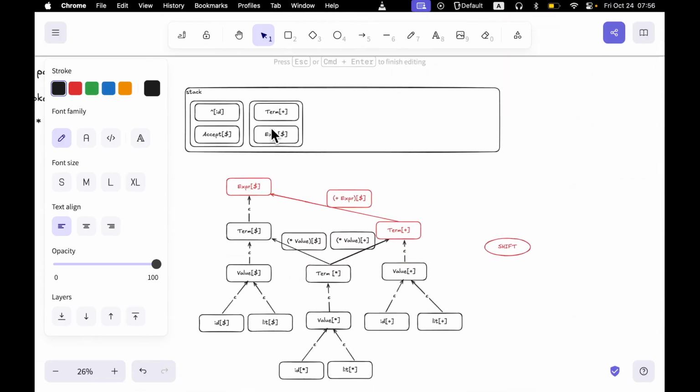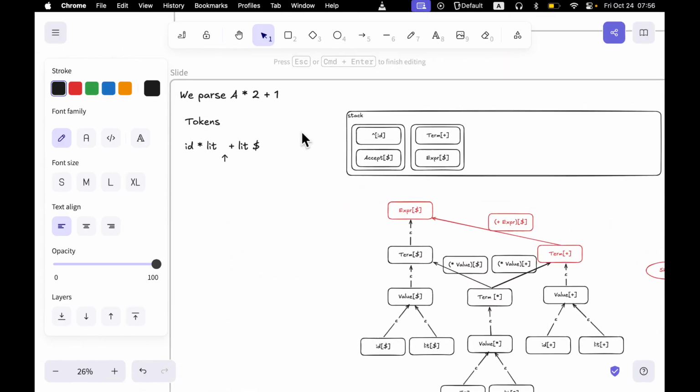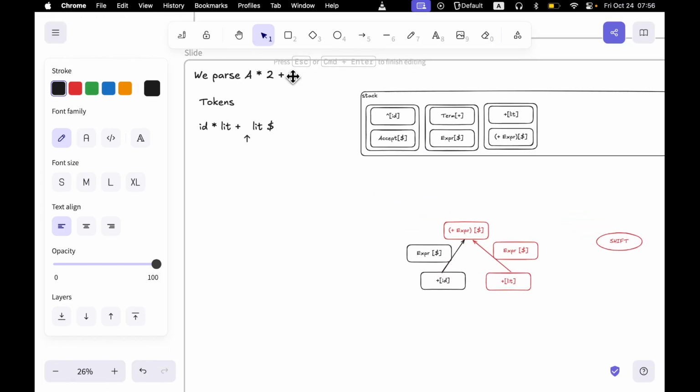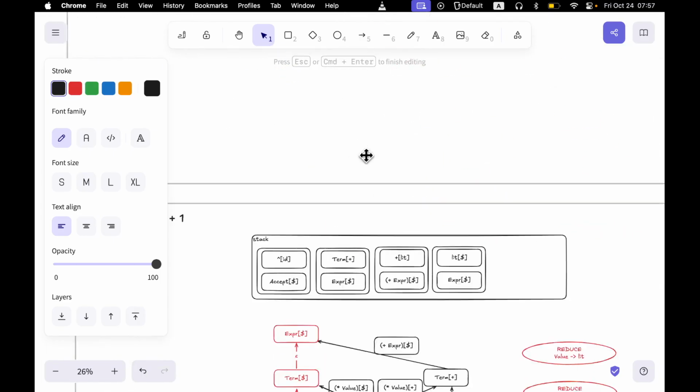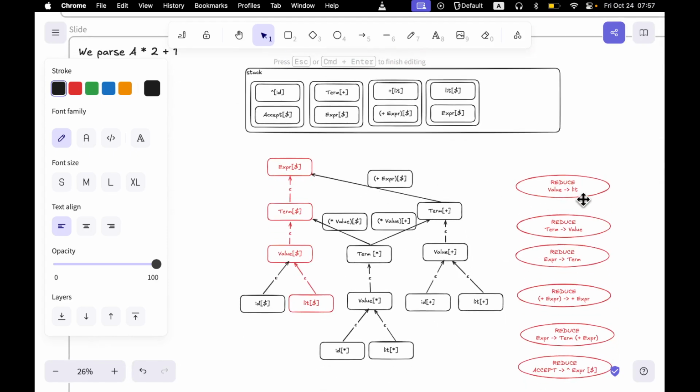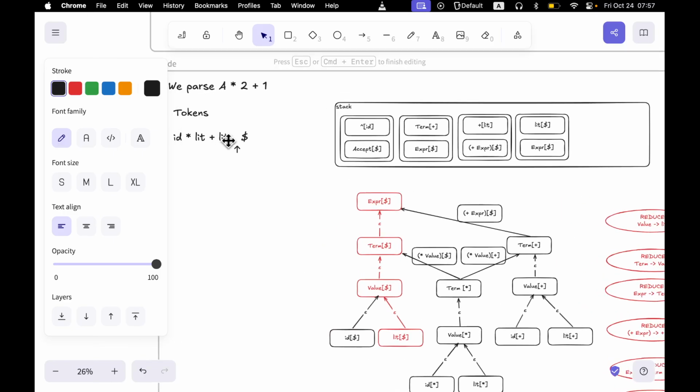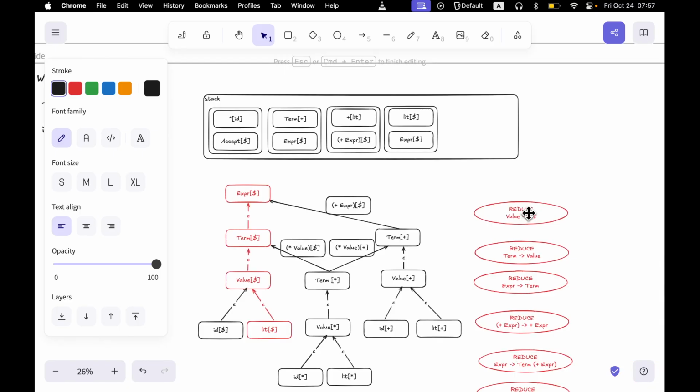And then you shift once again, and you shift this plus character, and you shift once again. So you shift this 1 character, and you reduce this. That character is tokenized as a literal, and you tokenize the literal 1 into a value 1.